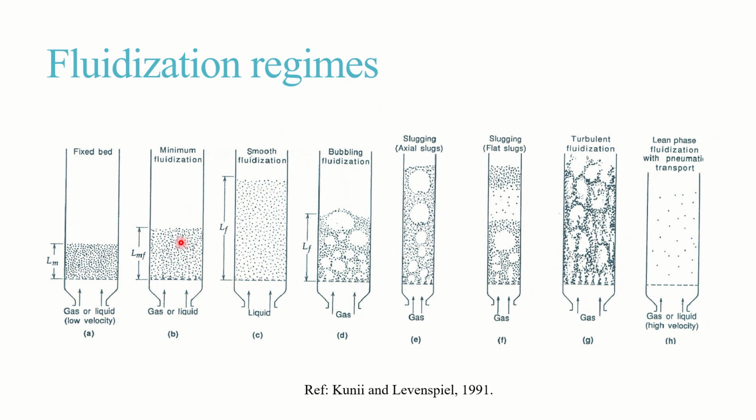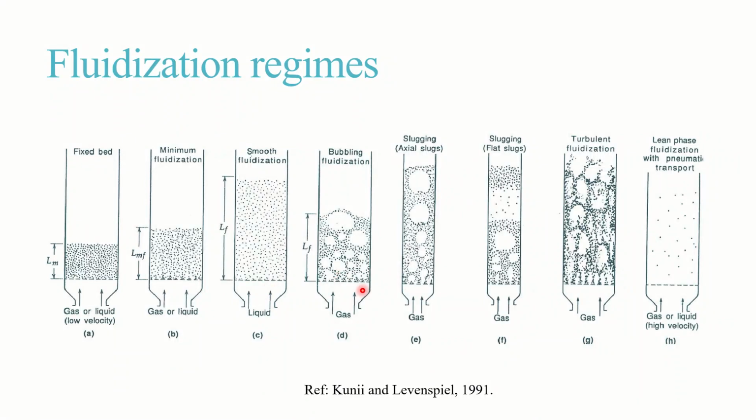After the minimum fluidization condition is met, we can say there are two types of fluidization depending on the fluid medium, one liquid and the other gas. For the liquid case, with further increase in the fluid velocity, the particle bed starts to expand, and this is known as smooth fluidization because the bed moves in a smooth way, as shown in this figure.